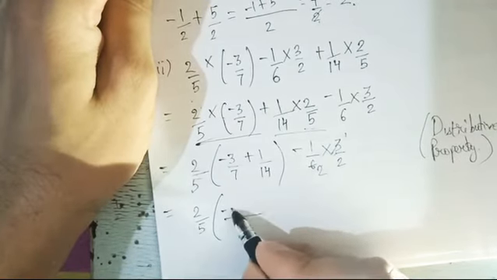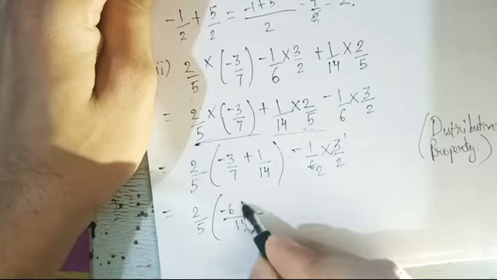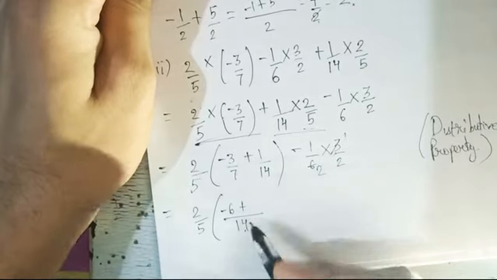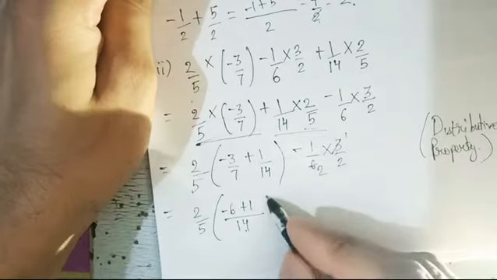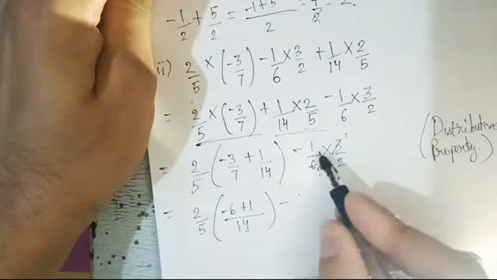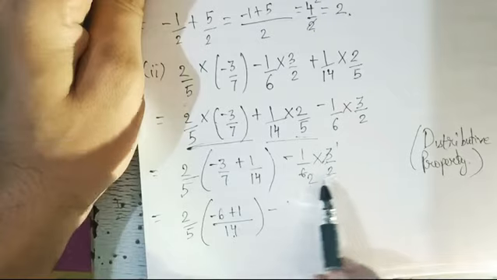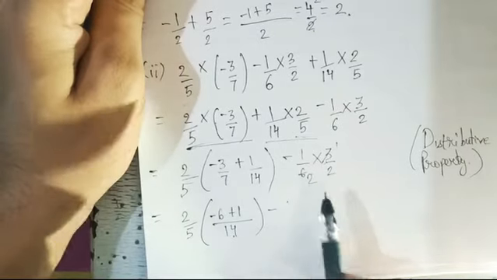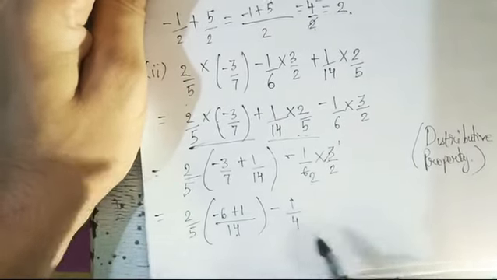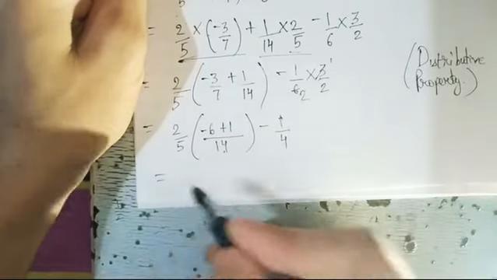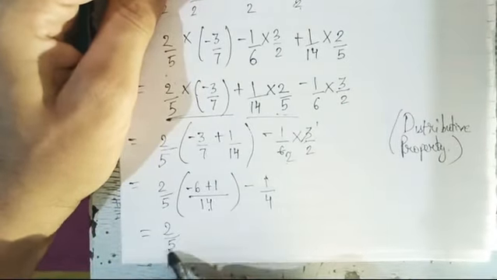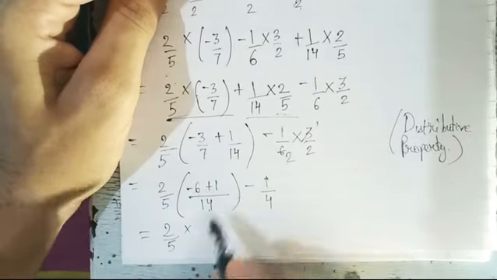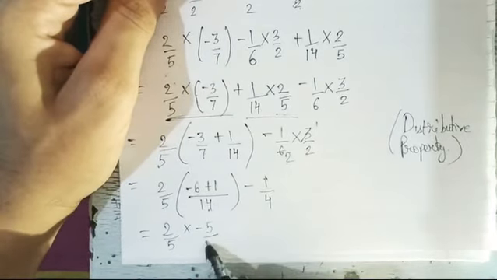So minus 3 into 2 is minus 6, plus 14 divide 14 one time, 1 will multiply with 1 and it will become 1 only, and minus, see, look here, 1 upon 2 into 2, 4, so 1 upon 4. Now look here, 2 upon 5, it will become minus 6 plus 1, that means minus 5 upon 14.